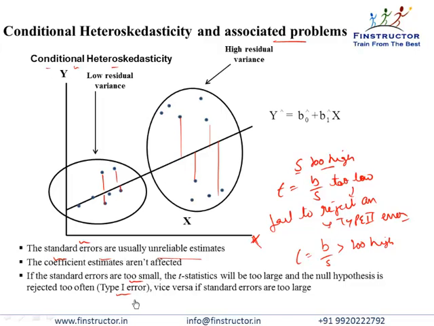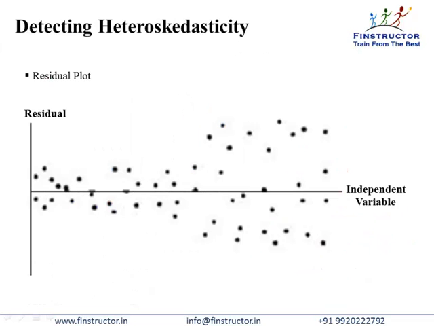So there is a possibility of too many type 1 errors or too many type 2 errors. Even the F test tends to be unreliable if conditional heteroskedasticity is present. So how do we detect conditional heteroskedasticity? One way is to simply look at the residual plot.